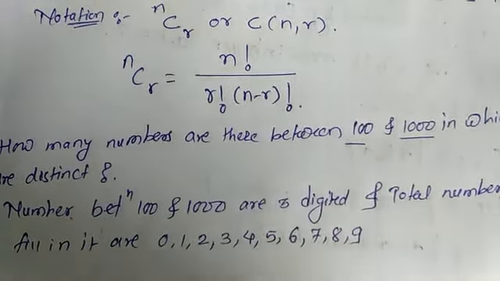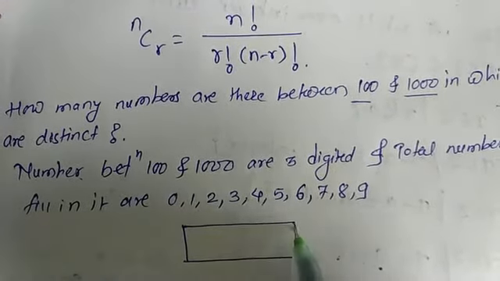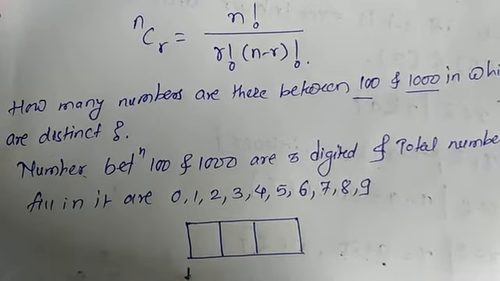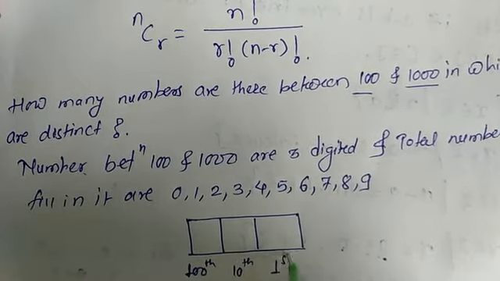If I consider this as a 3-digit number, it has a 1st, 2nd and 3rd place, that means a 100th place, a 10th place, and a unit place or first place.